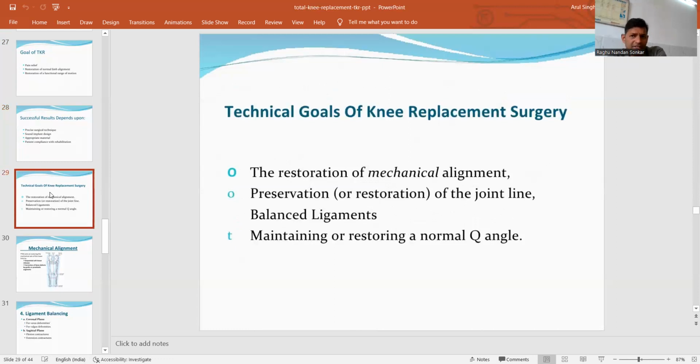Technical goals of knee replacement surgery: restoration of mechanical alignment, preservation of the joint line, and maintaining restoration of the normal Q angle.